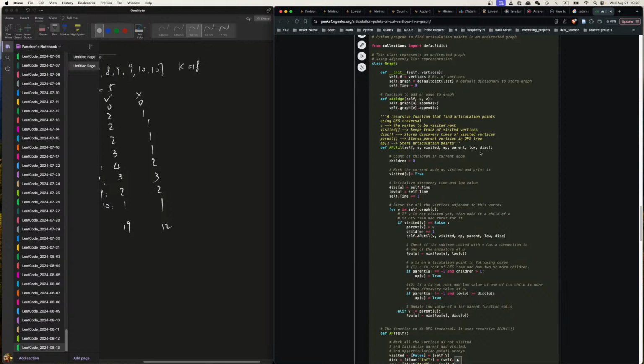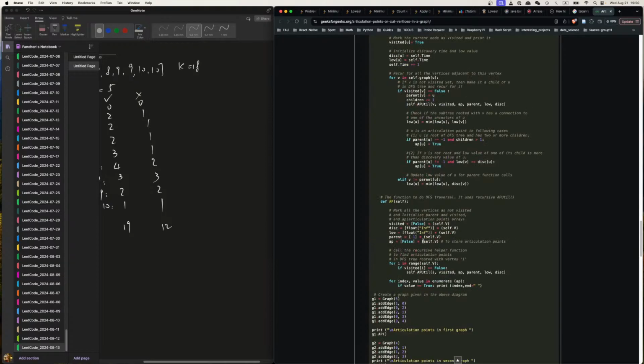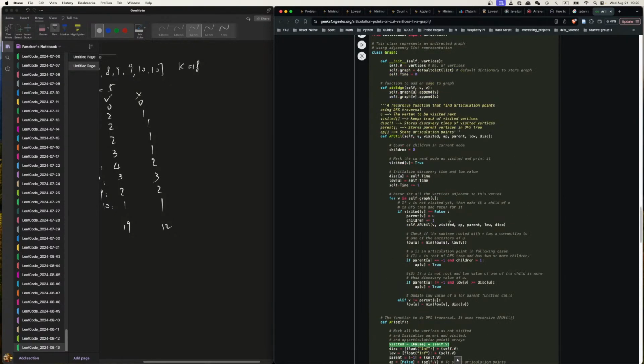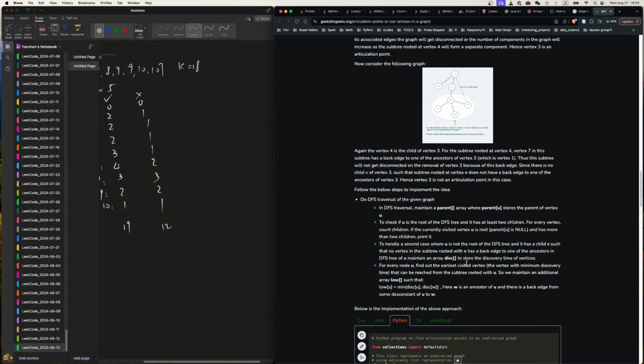We'll have to find out what this low is. Okay, this is a utility, and what we do: visited, number of vertices, distance, low. Yeah, I still don't understand what this low is. Discovery time of U.